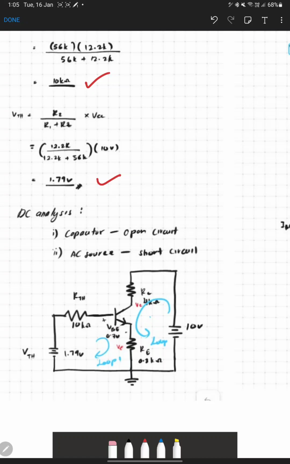From this circuit we can easily find the value of IB by applying the first loop.